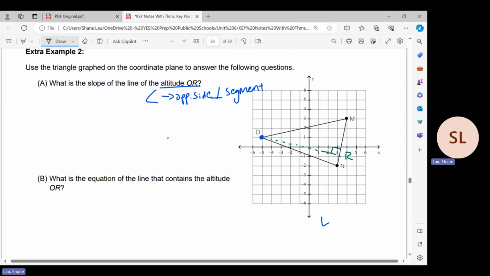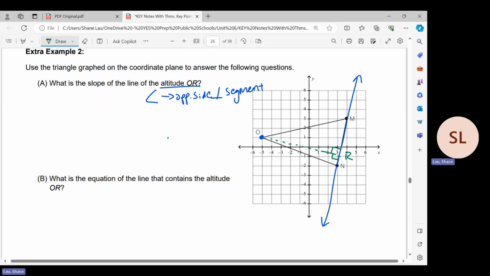Let me redraw that really quickly. Gotta love technology. We'll draw that box right there, indicating 90 degrees. And remember, when we have a perpendicular angle on a coordinate grid, that means that these slopes are going to be opposite reciprocals of those two lines that are intersecting each other.